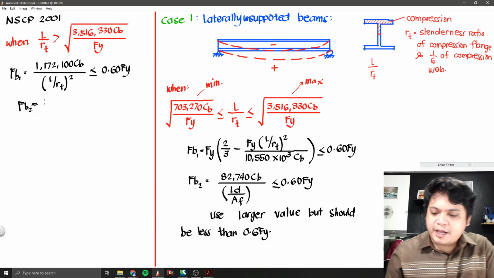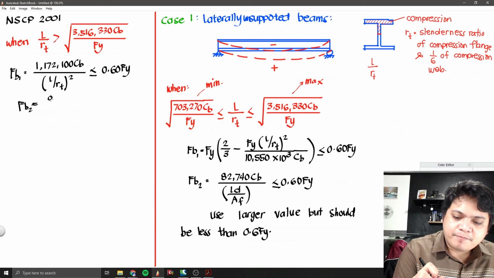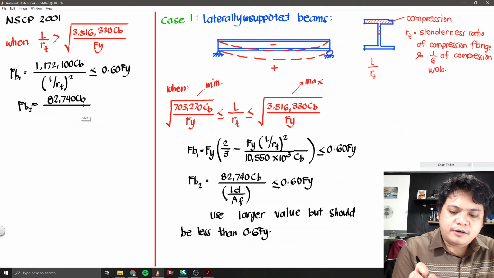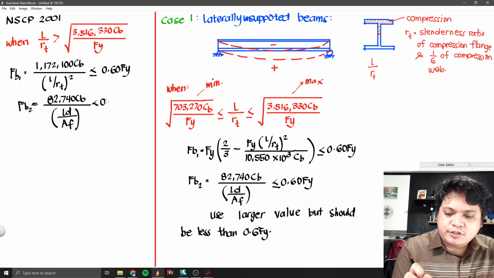FB2 is always there, always present: 82,740 CB over LD over AF, or the area of the flange, not exceeding 0.6 of Fy.